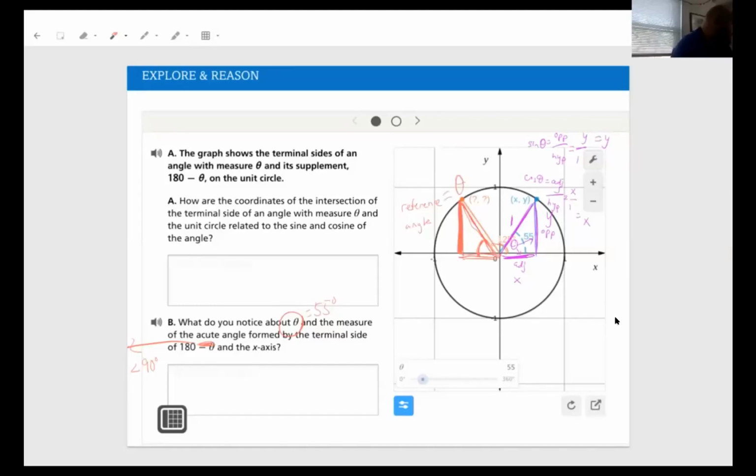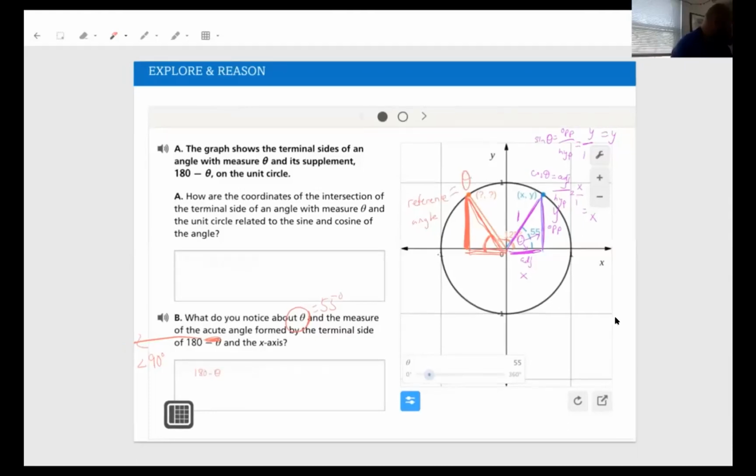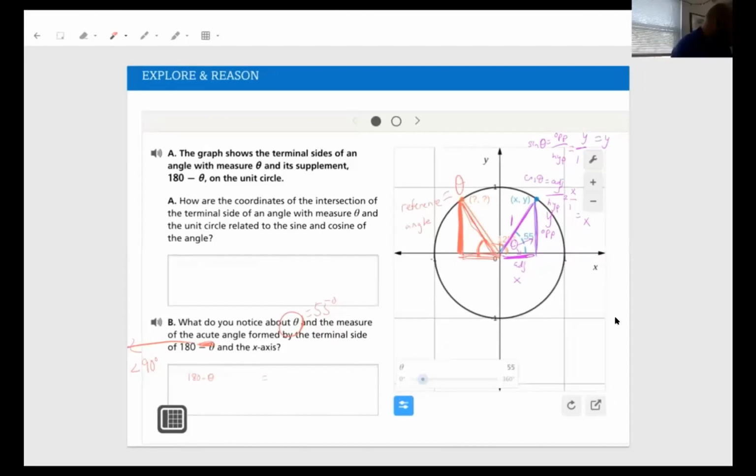And that should be really obvious to us because if my supplemental angle is 180 minus theta, well then if I want to add some angle to that, so if you think about this, I'm here, that's my angle. If I want to add something to it that makes the full semicircle, that makes a straight line, it makes 180 degrees.